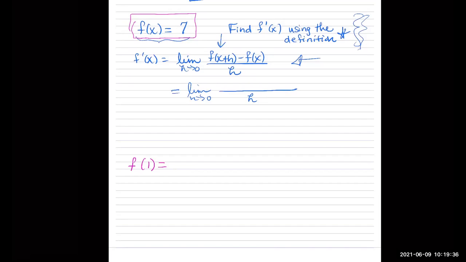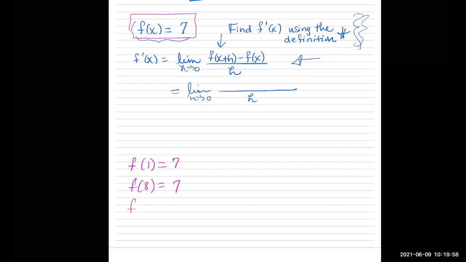What is f of 1? Yeah, it's 7. Good. What's f of 8? So if we plug 8 into that function, what would we get for an answer? Yeah, we would get 7, right?